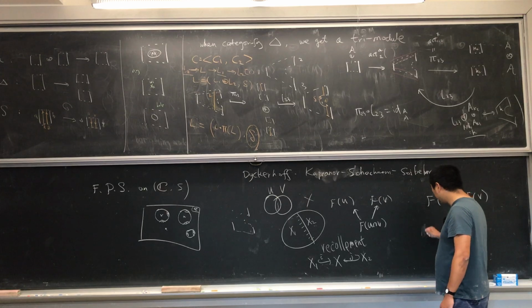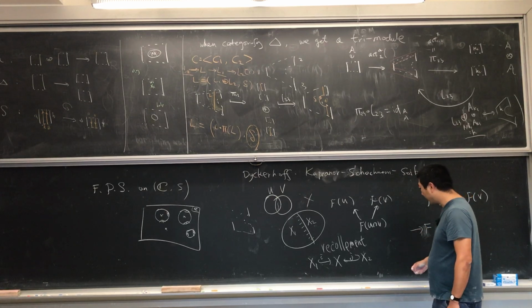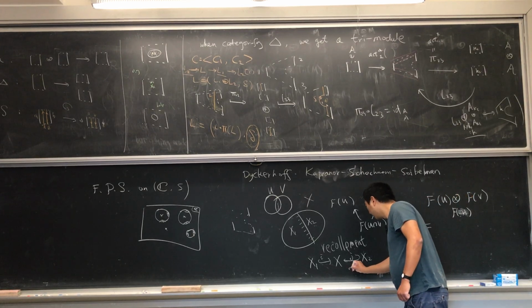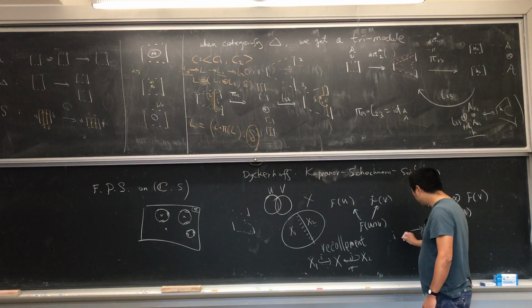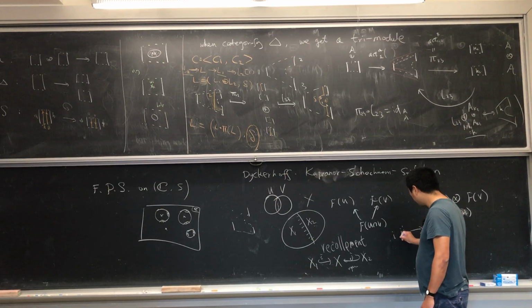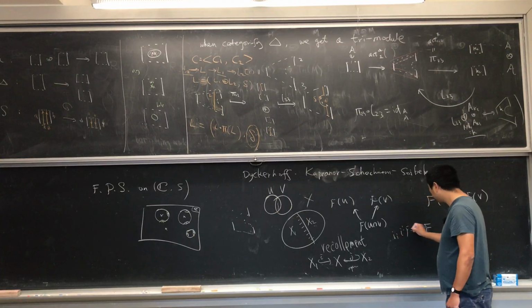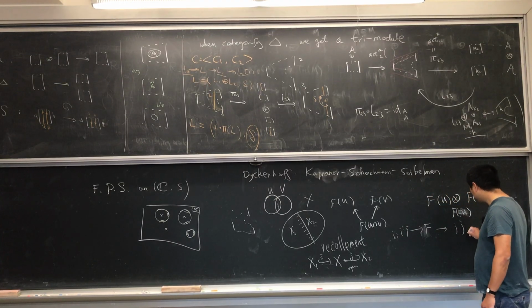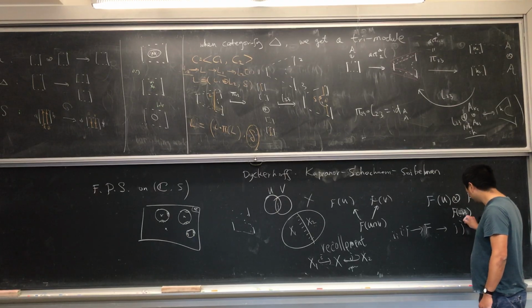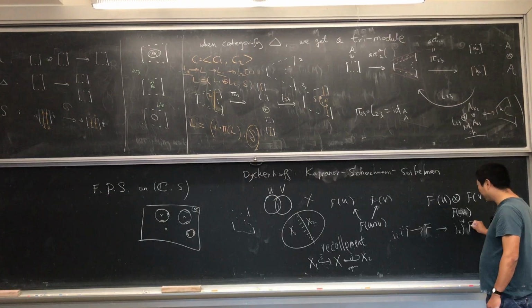So you have a sheaf, say, you can have j, this is open. You have two recollement, let's say. The thing that's relevant for us maybe is like this. I hope it's correct.